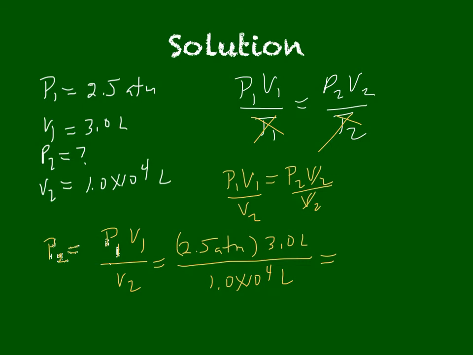And when we do the math, we get 7.5 times 10 to the minus 4th atmospheres. A very, very small pressure. But that makes sense because we've expanded to such a large volume.